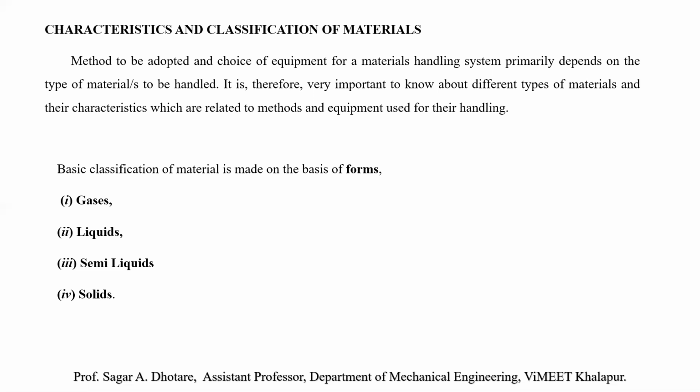Basically, there are different types of materials which are normally transferred, and they can be based on different forms. The first one is gas, the second is liquid, the third is semi-liquid, and the fourth is solid.